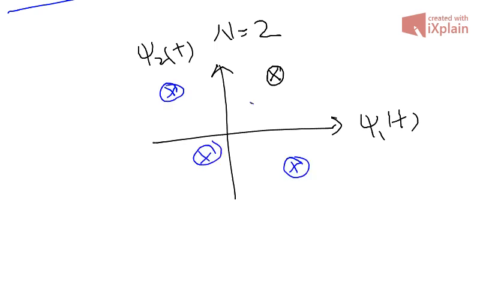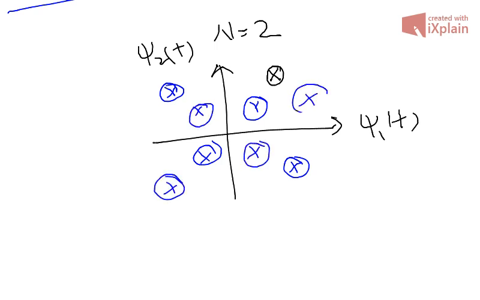We can represent all those non-orthogonal signals here as points. If n is 3, then we have a 3-dimensional Euclidean space, and so on, 4-dimensional, any number of n is possible. You can extend this concept to n-dimensional signal space.